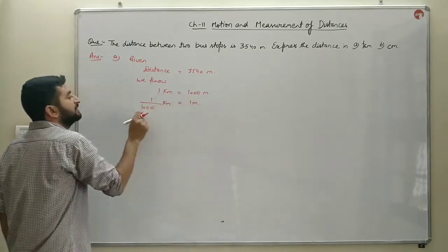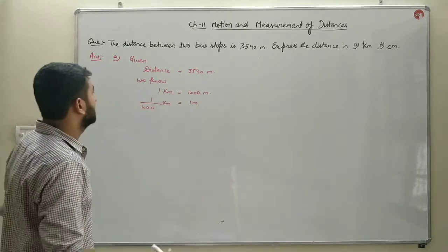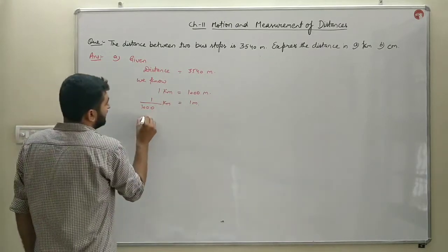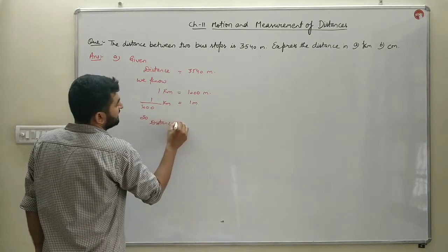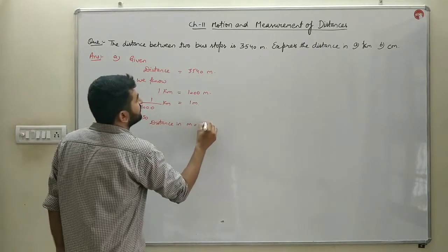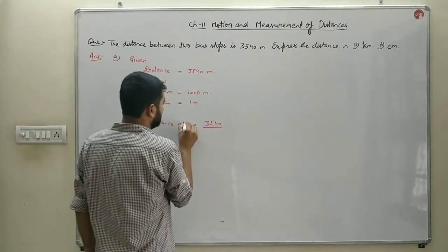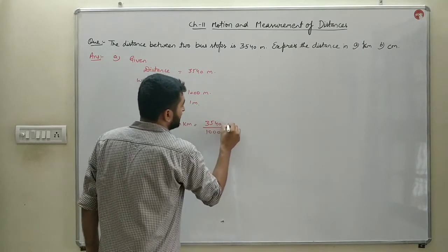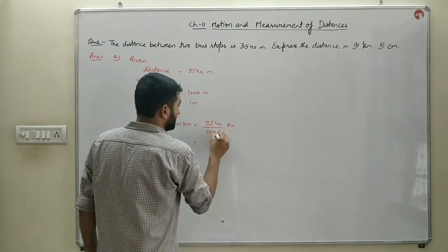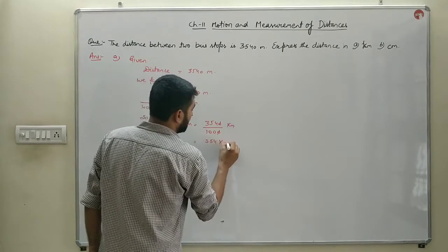Bring this 1000 to this side, it will become a denominator. So distance in kilometers will be equal to 3540 by 1000 kilometer. If you cut it down, you will get 3.54 kilometers.